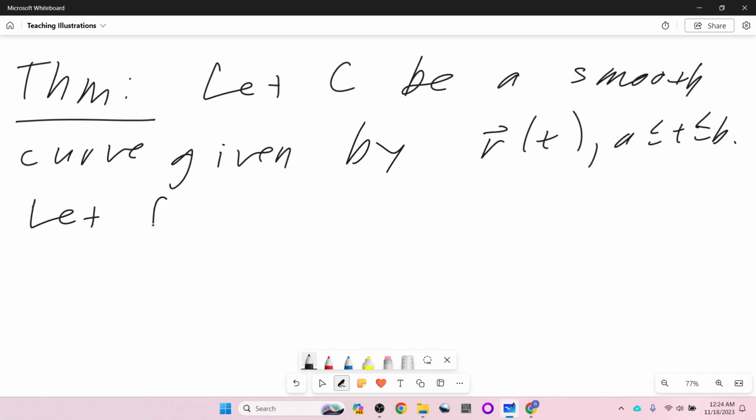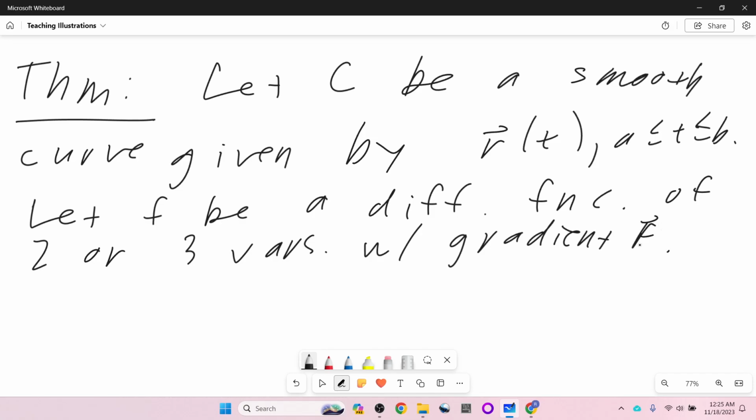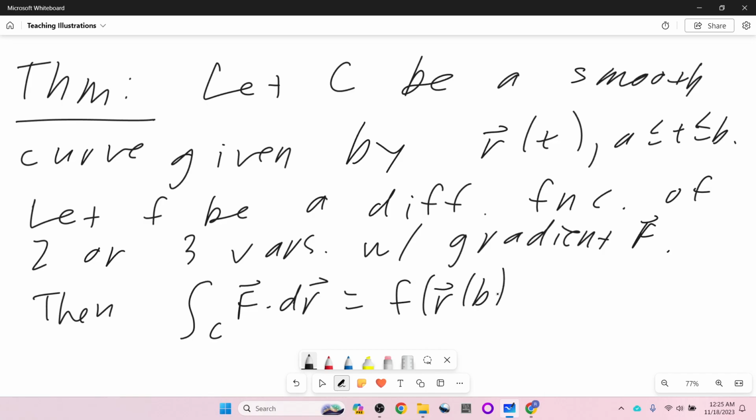And let f be a differentiable function, so a function we can take derivatives of, of 2 or 3 variables with gradient capital F. Then the integral along C of F dot dr is the same as little f of r of b minus little f of r of a.